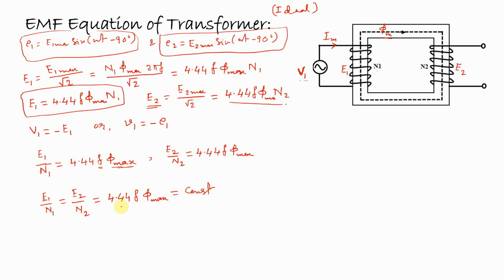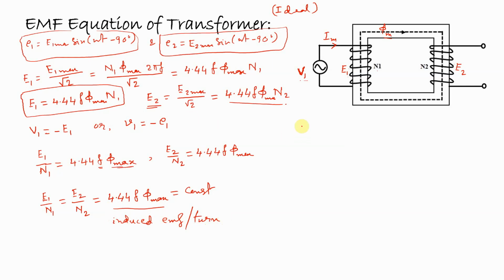This constant value is considered as the induced EMF per turn. That means the EMF induced in one turn is the same both in the primary as well as in the secondary side.